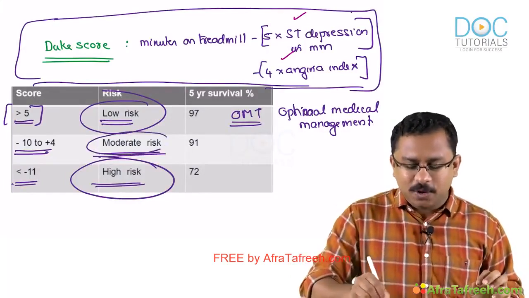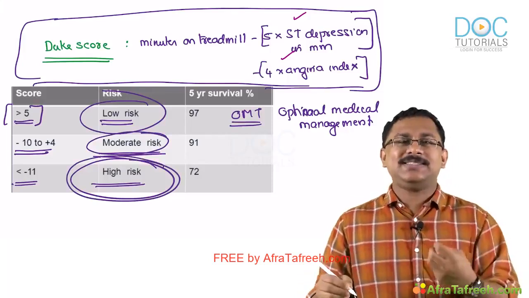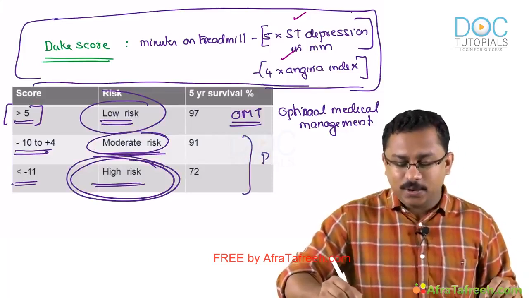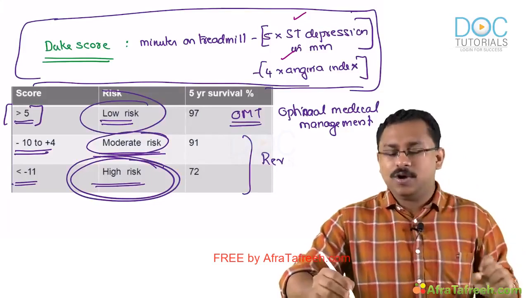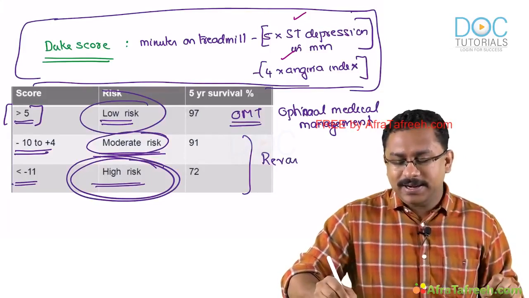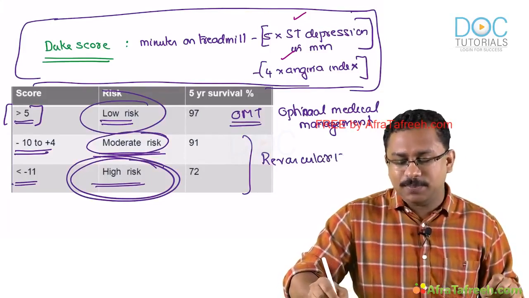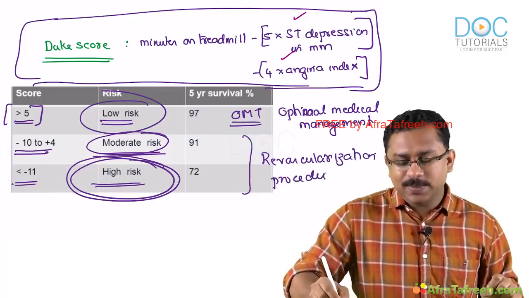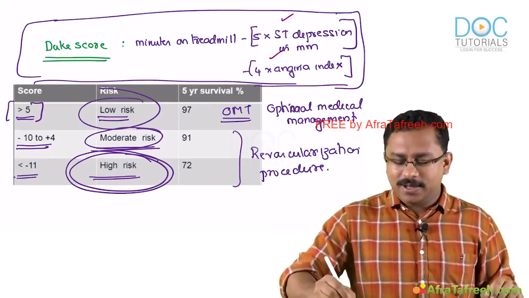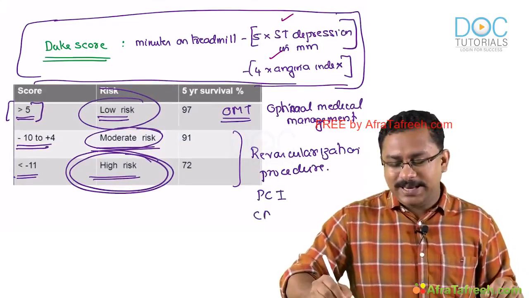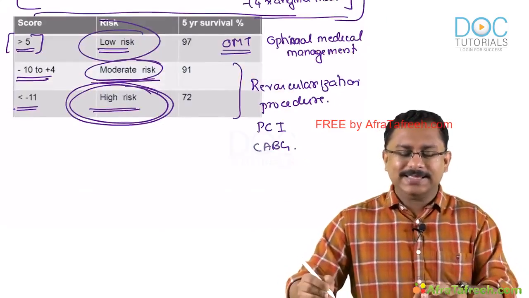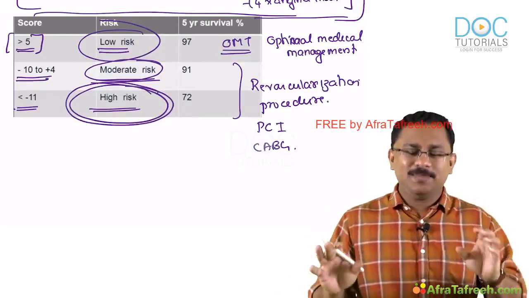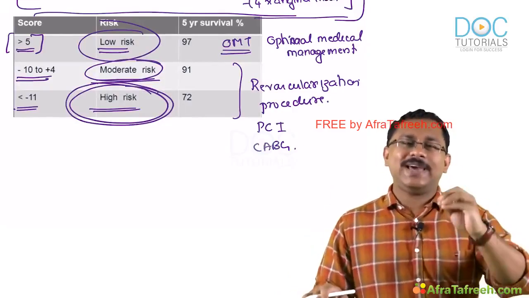But moderate risk as well as high risk patients might require, in addition to the optimal medical management, a revascularization procedure, which may be a PCI or a coronary artery bypass grafting. We will learn regarding these entities, but for the time being, understand that the Duke score calculation is very, very important.